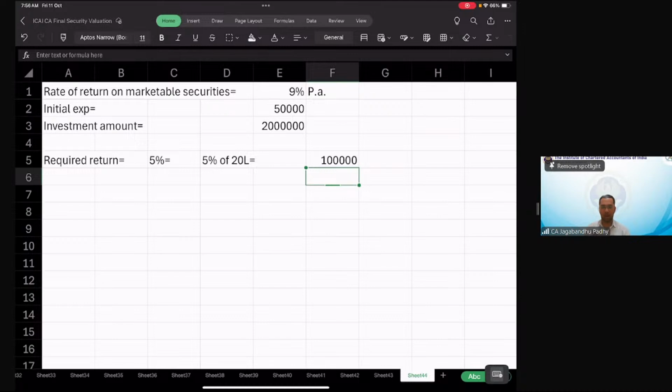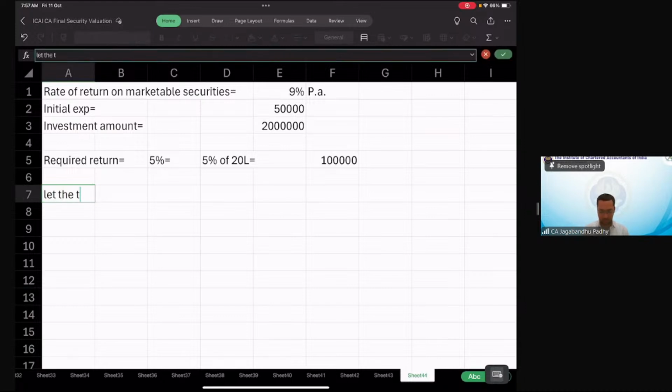Now this investment should actually be giving me a return of 1,50,000, because out of that 50,000 will be given away as the initial expenditure. So expenditure will be paid out as 50,000 and required return will be 1 lakh. So on an initial investment of 20 lakh, we require a return of 1 lakh. So what is the time period? That is what we want to know.